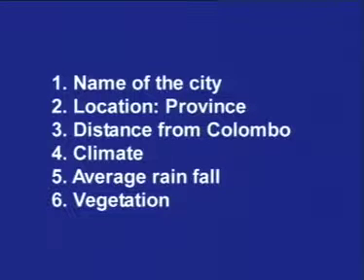Those were some sentences you could use to describe a location. Here are some points to describe a place. Describe a city of your choice using them. 1. Name of the city. 2.